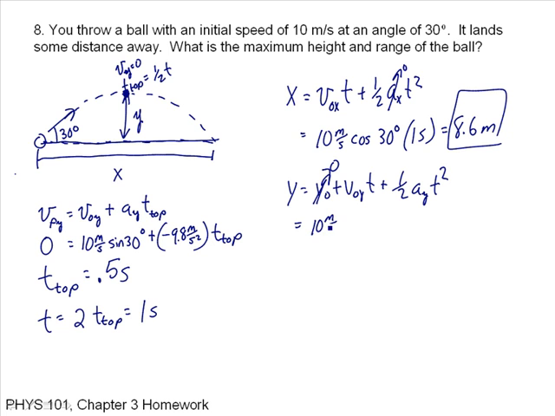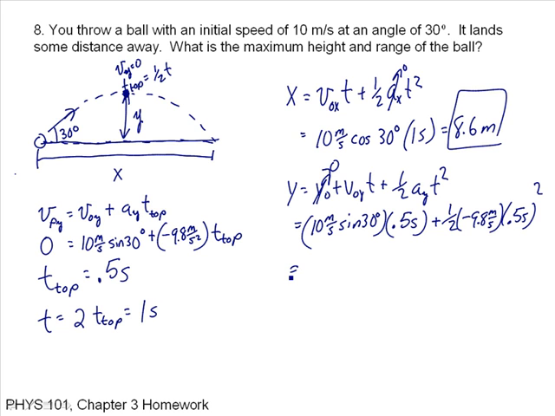It's 10 meters per second, sine of 30, times 0.5 seconds, plus 1/2 times minus 9.8 times 0.5 seconds squared.